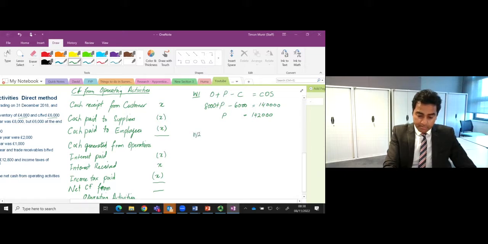Working number 2. I will open a T account, which I always encourage my students to do, because then you will not make a mistake of recording the figures on the wrong side, either debit or credit. Payables.